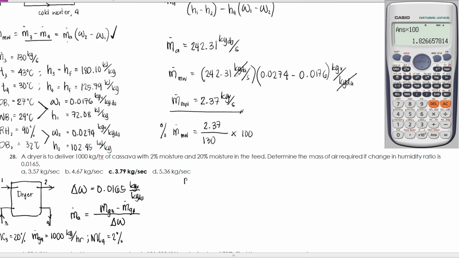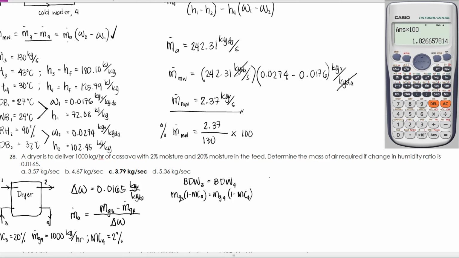So, para makuha yung initial na gross weight ng cassava, manggagaling yan sa constant na bone dry weight. So, i-equate lang natin yung bone dry weight ni cassava kasi nga they are equal. At ang formula nga ng bone dry weight is mg times 1 minus moisture content. mg4 times 1 minus moisture content at once.